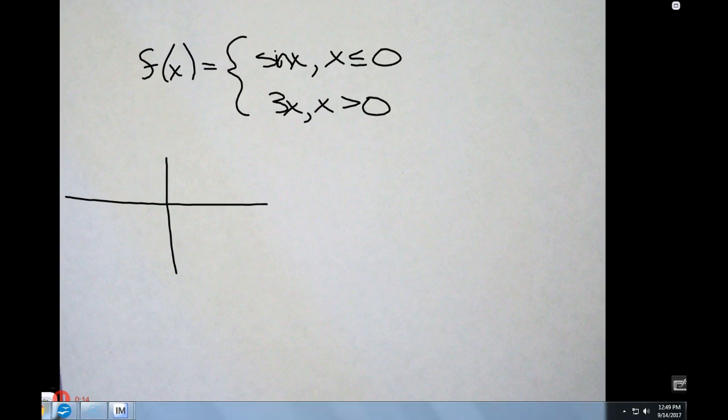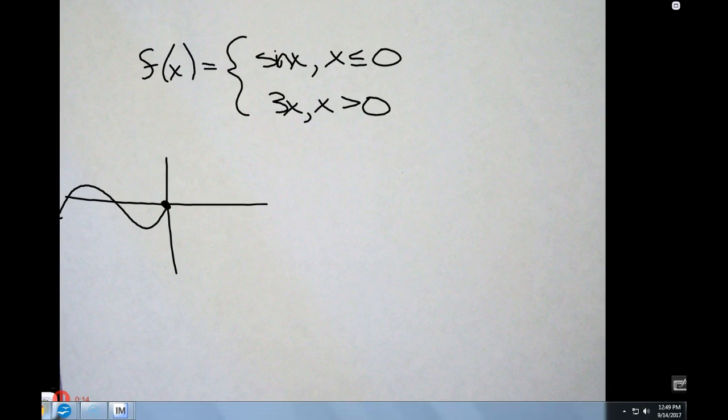You don't have to use it. It's just me trying to demonstrate what's really happening. So I'm only going to do sine from here backwards. What's the sine of 0? 0. Closed circle or open? Closed because we got the or equal to. And then sine goes like this. It just kind of wiggles the whole way.